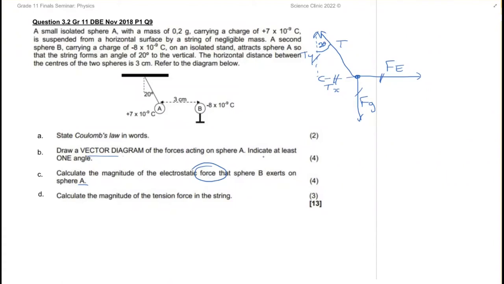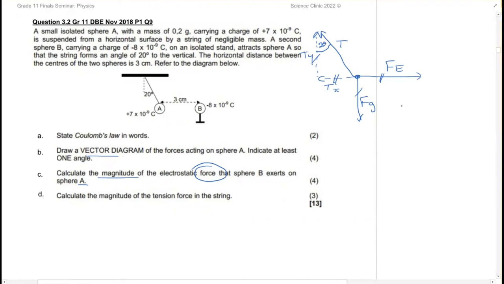It's not attraction, it's to the right because we're focusing on A. If they asked us for the force on B, we would say B experiences a force to the left. But if they ask for the force between the two charges, it's just attraction, because then they're not specifying which one. So read your question carefully. They also say the magnitude, so we don't have to put that direction in either.